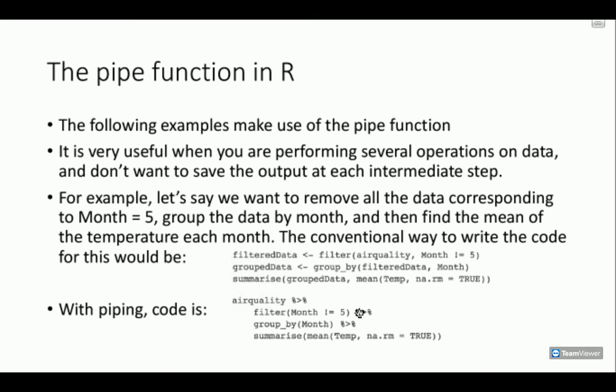Air quality is the data set that's piped to this function, so you don't have to give it data again because it's already piped. Then the filter function creates a subset, which is piped to the next function, group by, and then that's piped to summarize.